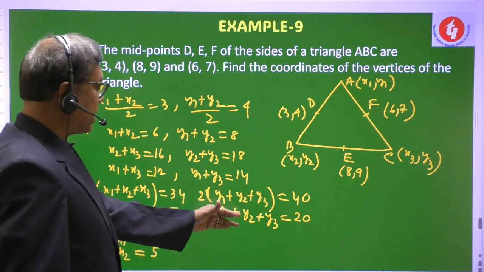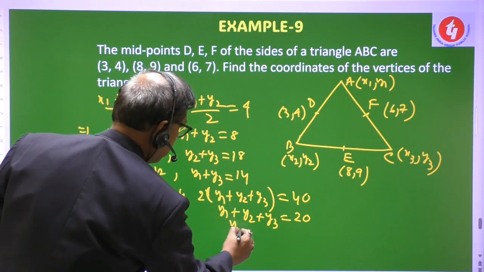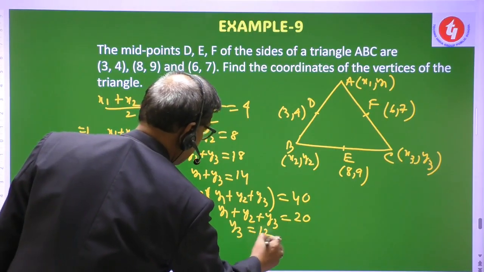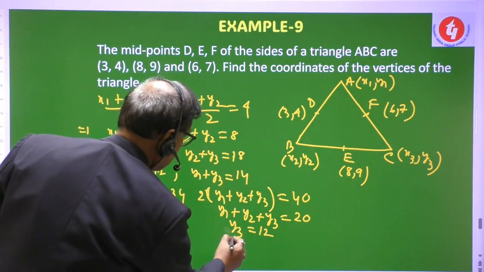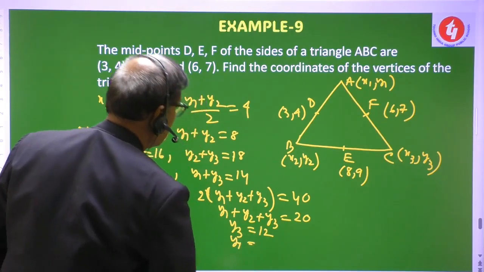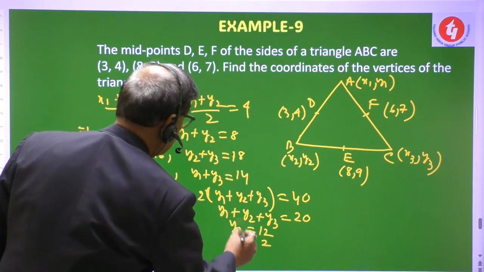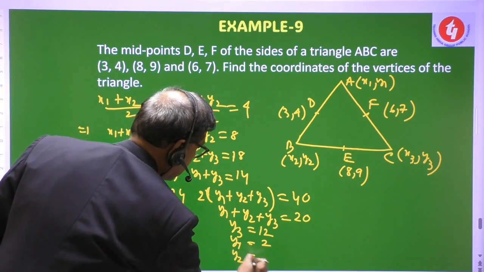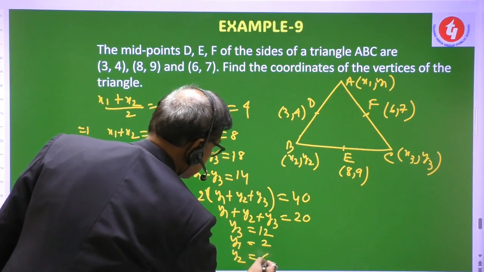Same technique will apply here. From this y1 plus y2 subtracting, we are getting y3 result 20 minus 8, that is 12. Subtracting y2 plus y3, will get y1 result 20 minus 18, that is 2. And subtracting y1 plus y3 result, we'll get y2 value, that is 20 minus 14 is 6.